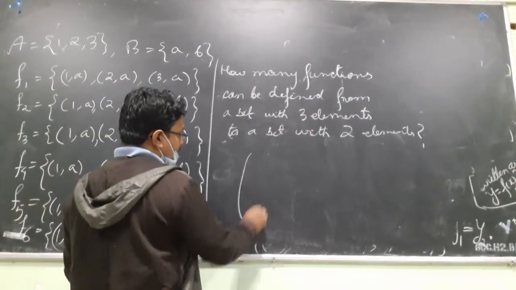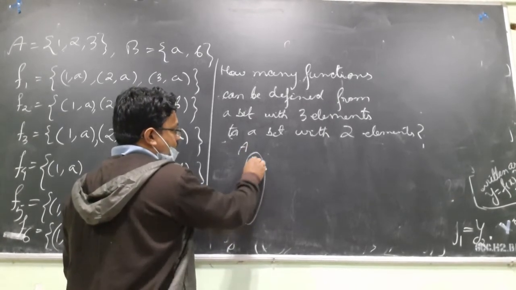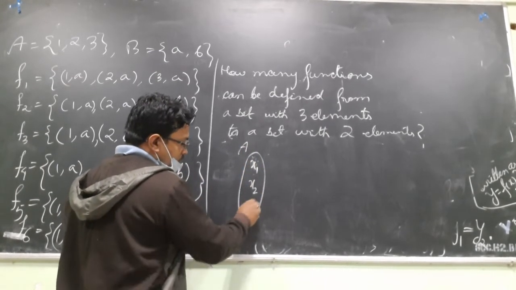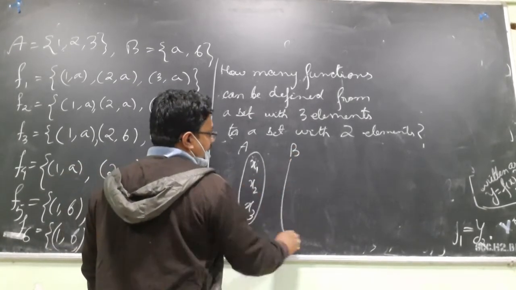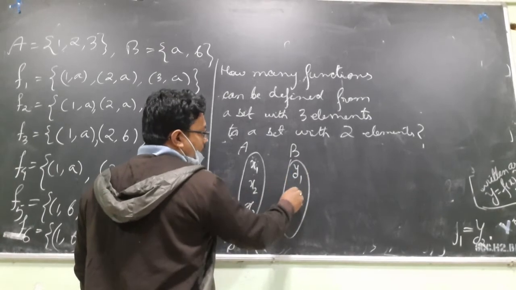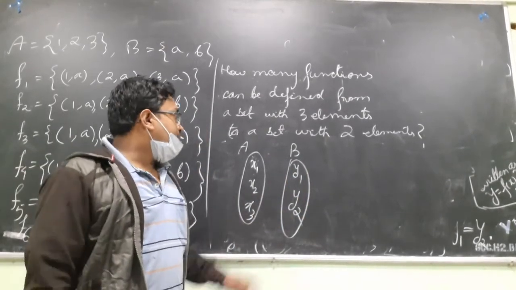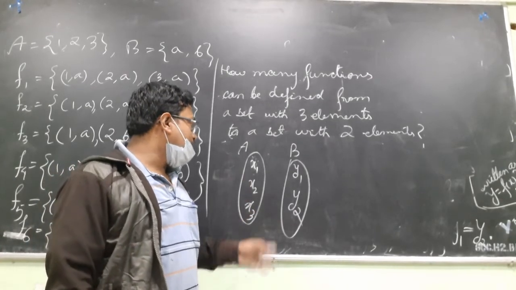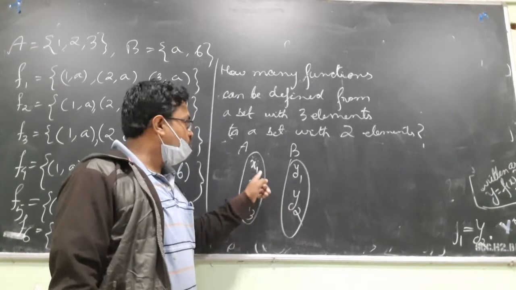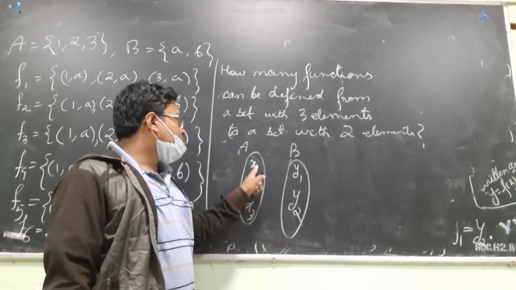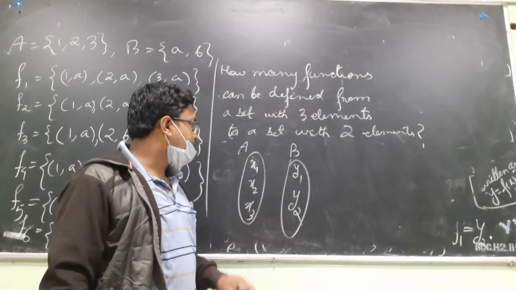So how can we write it? Say the set A has the elements x1, x2, x3. These are the elements of A. And the set B has the elements y1, y2, only two elements. Defining a function is the same as assigning an image to these elements. What are the possibilities for the image of x1?